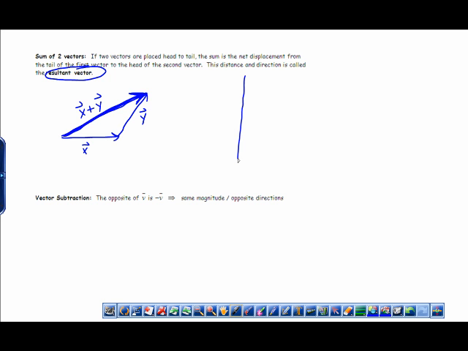Okay, now let's talk about this in the problem we just had. First we had vector A, which was starting at 0, 0 and ending at 1, 3. So here's vector A. Next we had vector U, which was 5, 2. So we'd go 1, 2, 3, 4, 5, and then up 2.